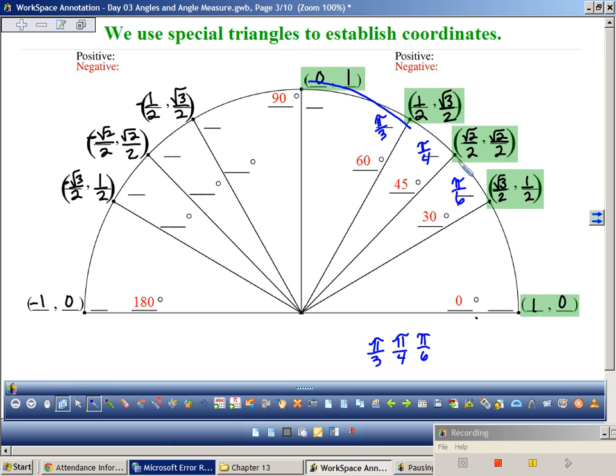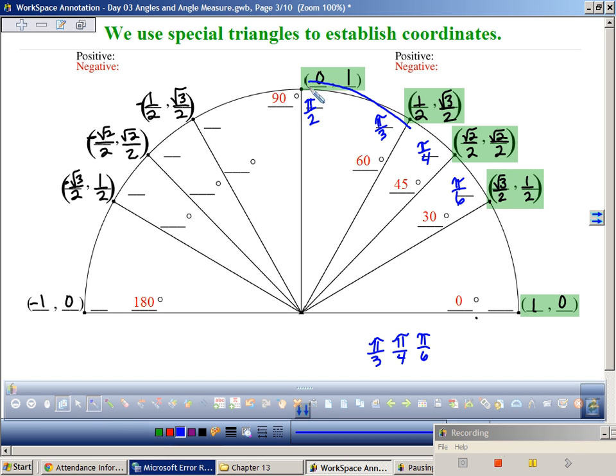So how many pi's would that be? Pi over 6, 2 pi over 6, 3 pi over 6 would be pi over 2. And this would be how many pi's over 6? This was 3. 4 pi over 6, which is really what? 2 pi over 3.